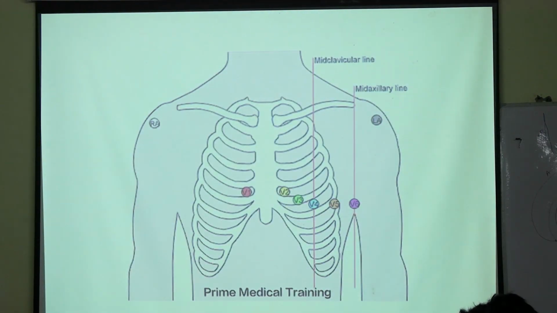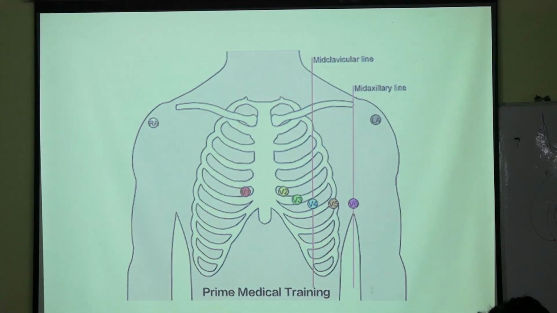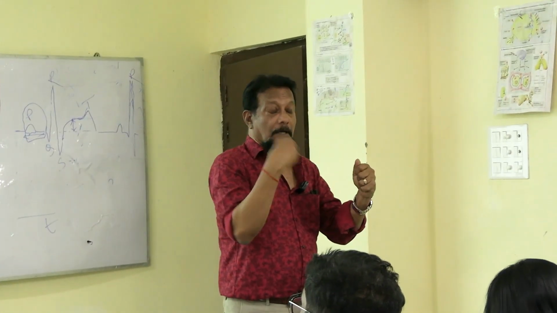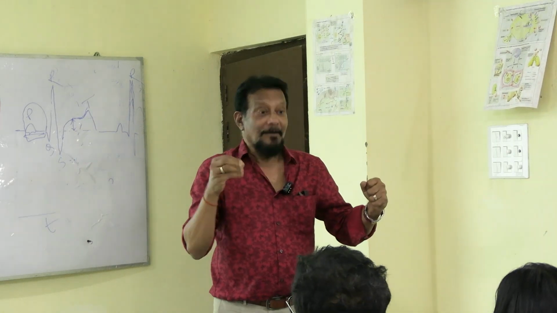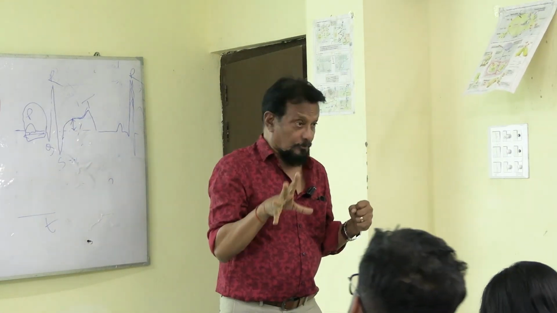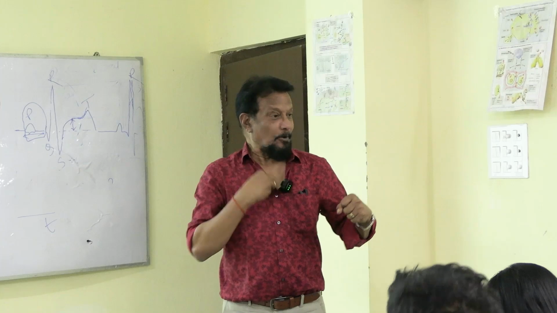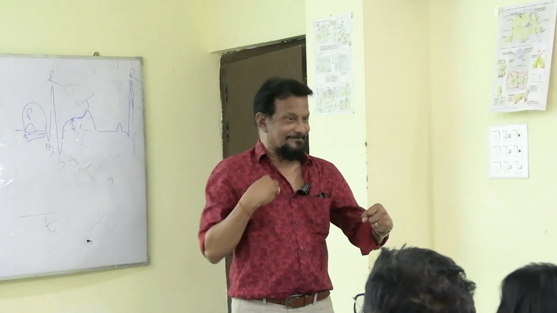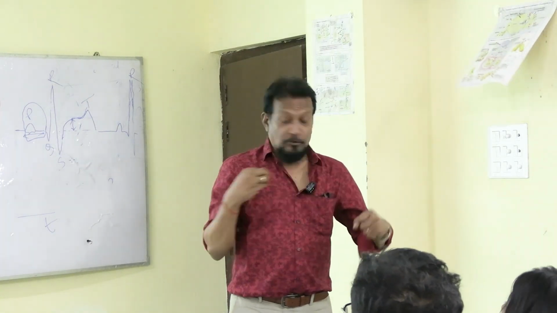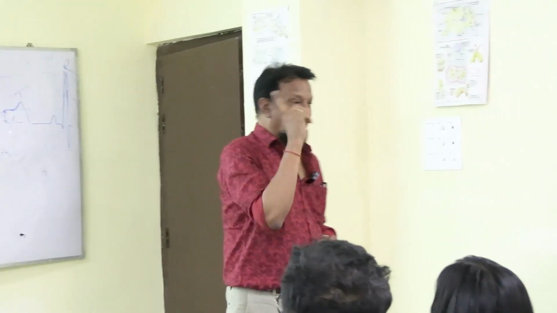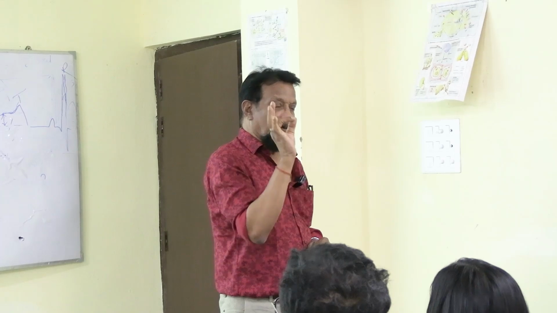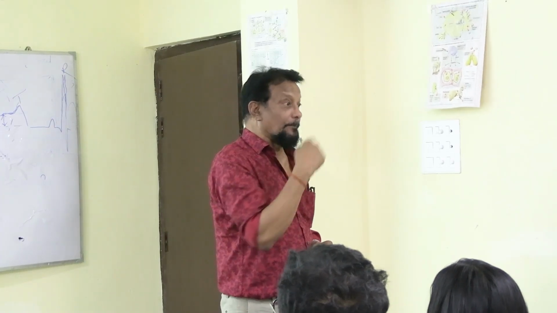Now where to place them? Here also, all the negative poles are together, and the positive terminal or electrode is called the exploring electrode. It will explore my heart from different positions.